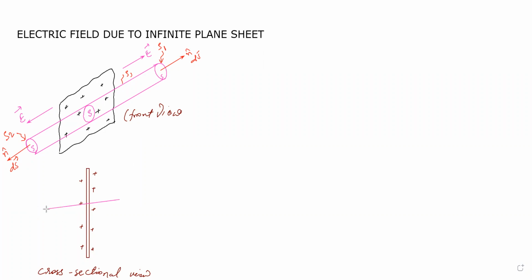Now, when you take a Gaussian surface, you can draw it like this. This is your Gaussian surface. You can take it cylindrical in shape also. This one is your surface 2. This is your surface 1.